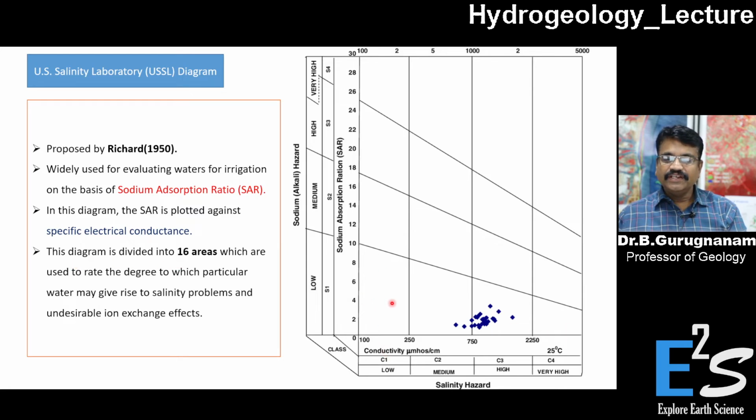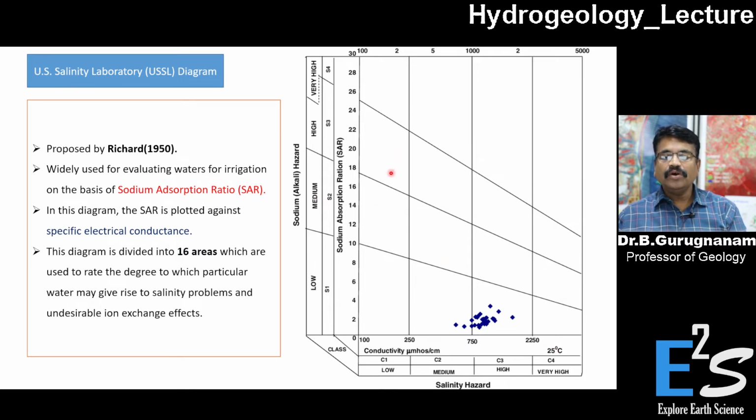The first area is C1S1, the second area is C2S1, the third area is C3S1, the fourth area is C4S1. Similarly, the second row is C1S2, C2S2, C3S2, and C4S2.